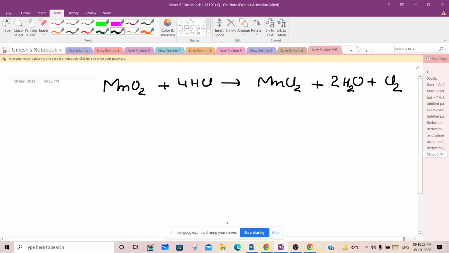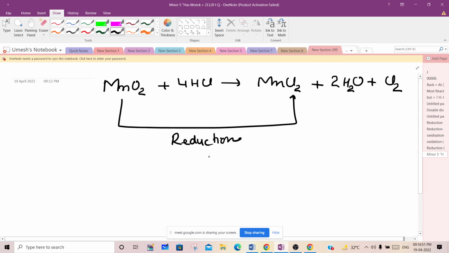Which is the reducing agent here? Sir, it's MnO2. How? Because oxygen is getting reduced in the product side. So this is undergoing reduction, right? Yes. But my question is not which is undergoing reduction. My question is which is the reducing agent, which makes the MnO2 lose oxygen.